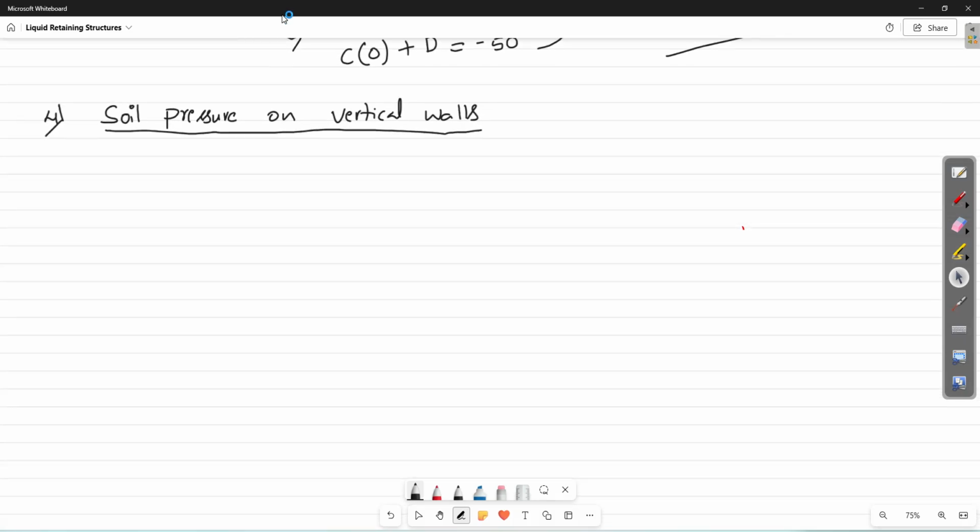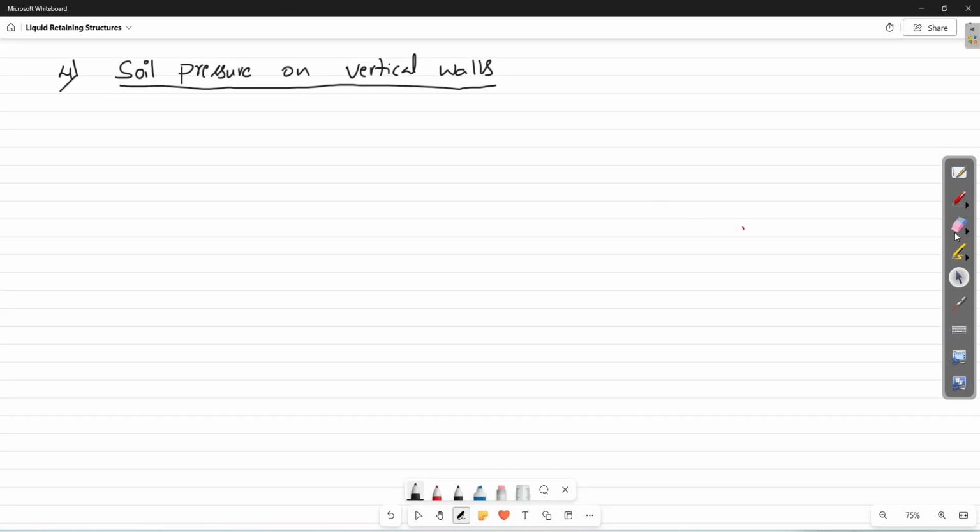So soil pressure on vertical walls. So what they have mentioned, it is 1 meter below the top level of wall.